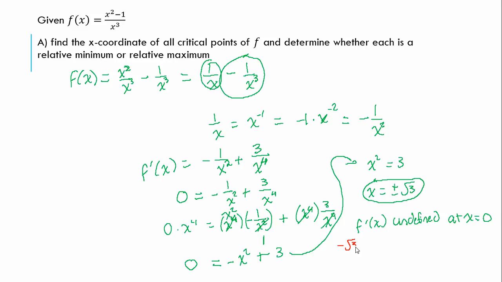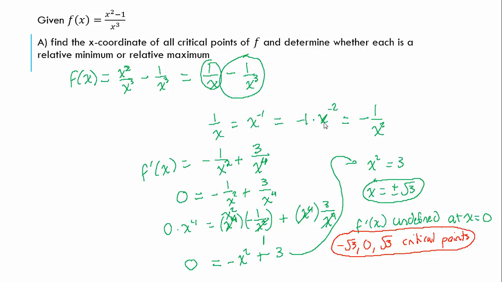Negative root 3, 0, and root 3 are all critical points. Great. But we also need to find out whether they're a relative minimum or relative maximum.